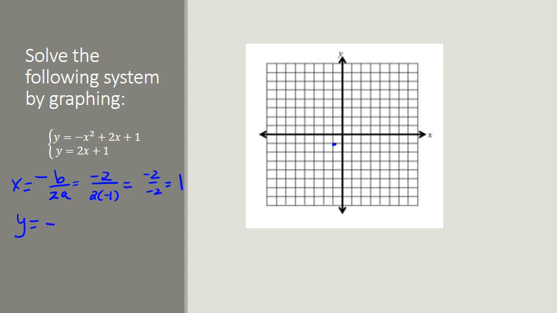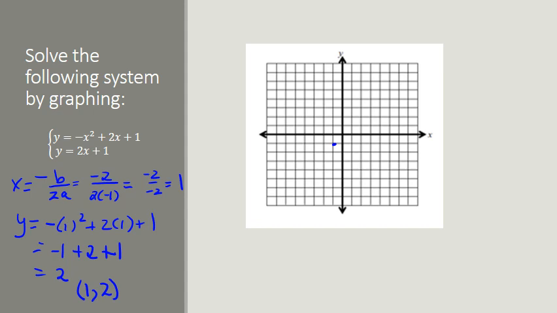So negative 1 squared plus 2 times 1 plus 1. So that's going to give me negative 1. Remember, we're not squaring the negative. We only square the 1. Plus 2 plus 1. And if I simplify that, my y value is 2. So my vertex is 1, 2.